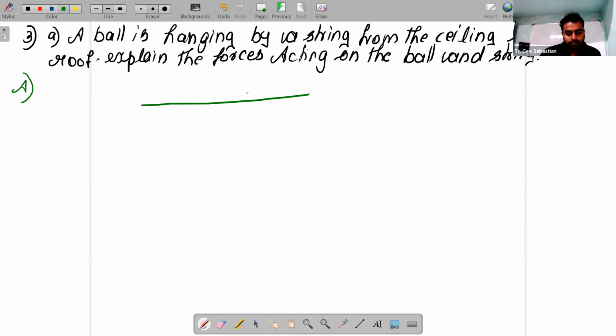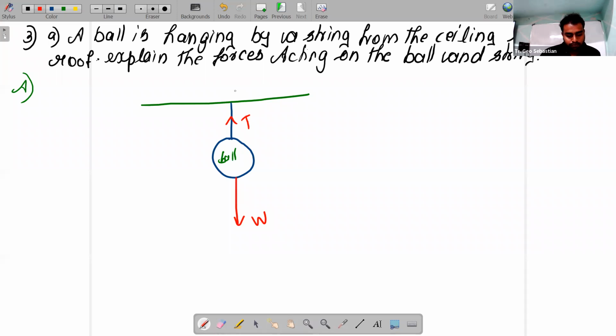This is nothing but the ceiling roof. You can consider one ball as my hand like this. So which are the forces acting on this body? This is a ball, right? Gravitational force is acting downward, which is nothing but weight. Here tension will be there.